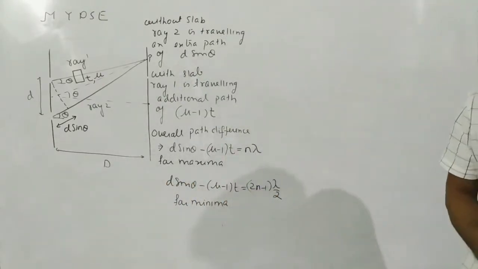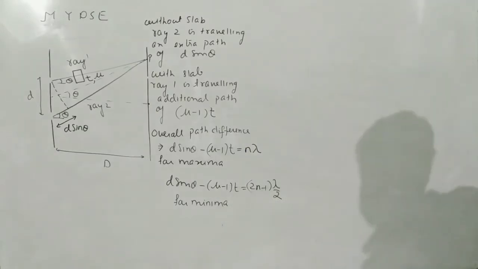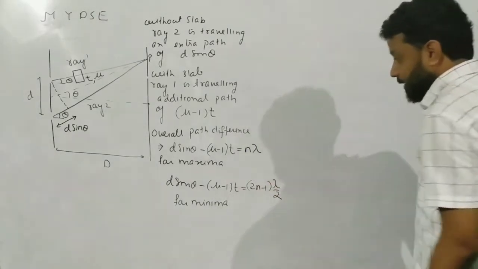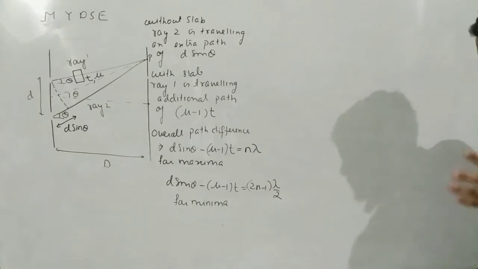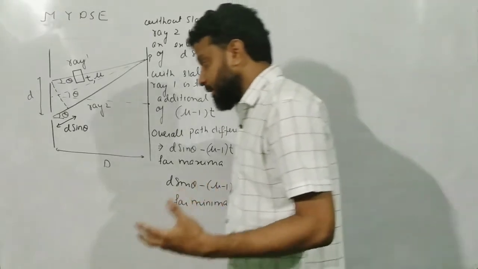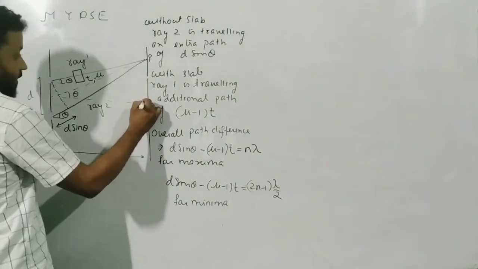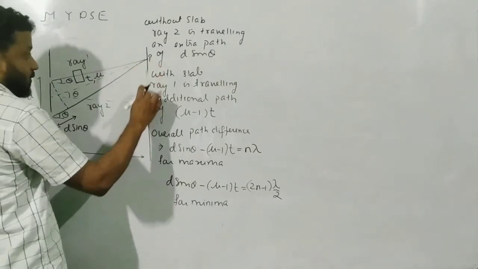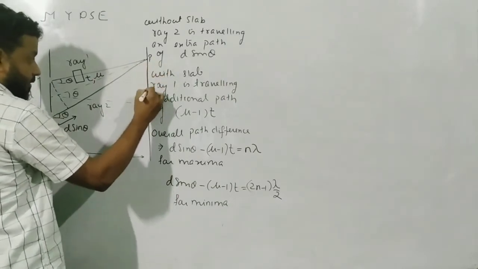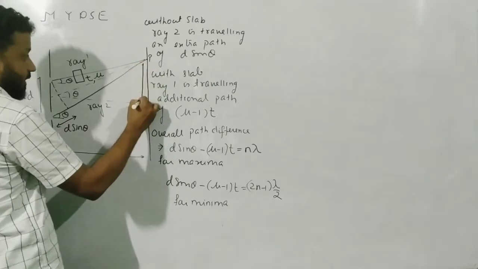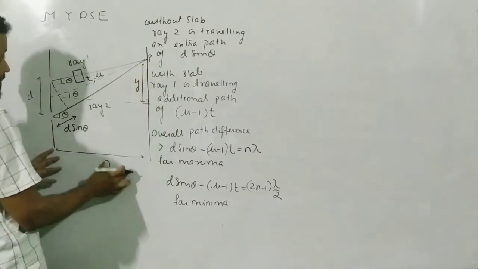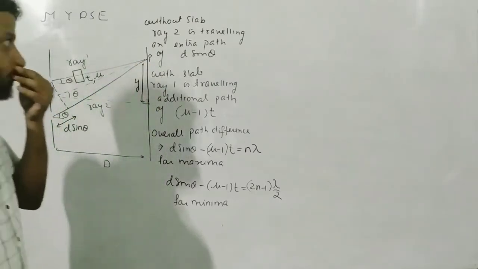And now let us try to understand this equation. Remember the approximations. We call this y, this as capital D, and this is small d.